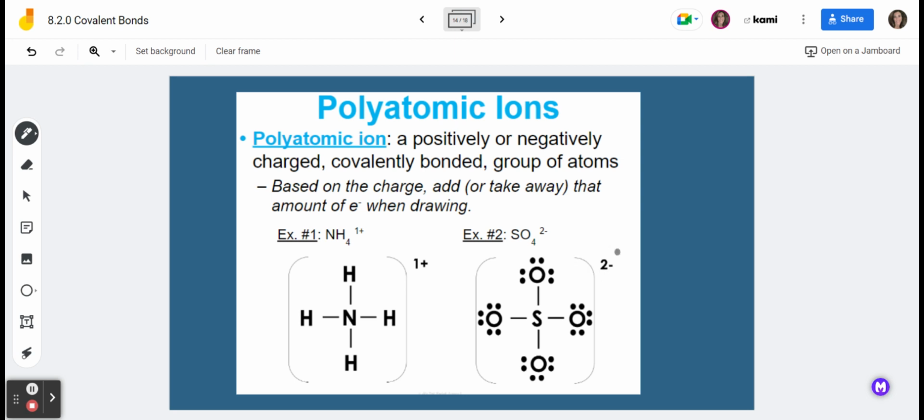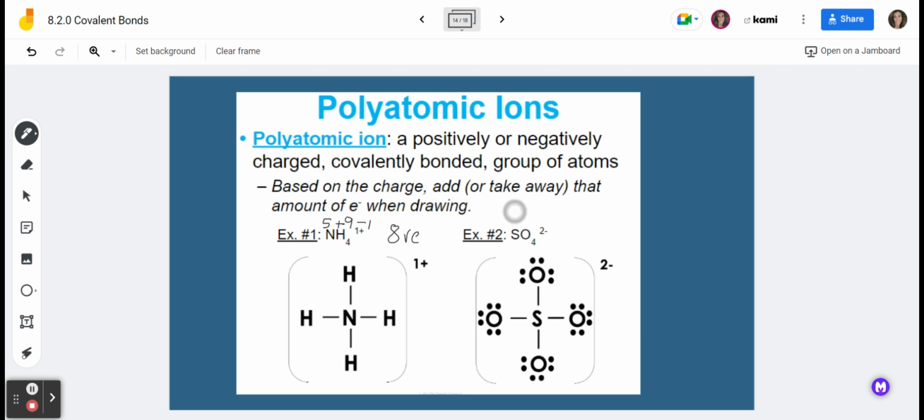In this case, you have a 2 minus, and so we add 2 electrons. So N would be 5 plus 4 times 1 is 9. And then we'd actually subtract 1. So this is 8 valence electrons. So you can see 2, 4, 6, 8. And they also have this notation where they put the brackets around with the charge, so it indicates it's a polyatomic ion and not just a regular molecule.